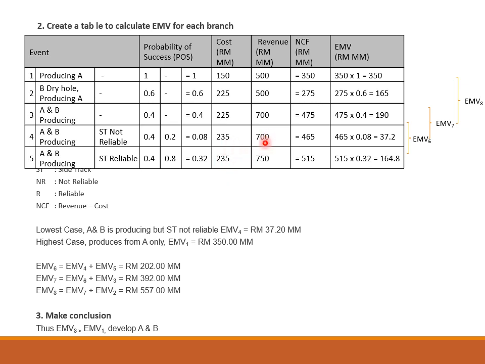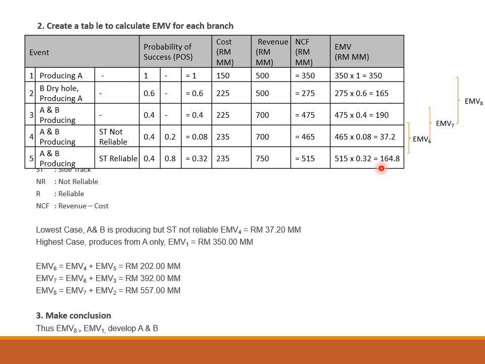If the sidetrack is not reliable, that means your revenue stays at 700. But if it is reliable, you get an additional 50 million on that sidetrack well. Okay, and then you calculate the net cash flow, and then move on to the EMV for each of the sidetrack cases. So now these are your EMV1, EMV2, EMV3, EMV4, EMV5.